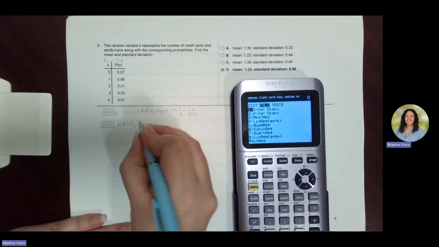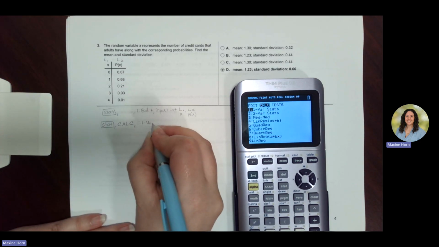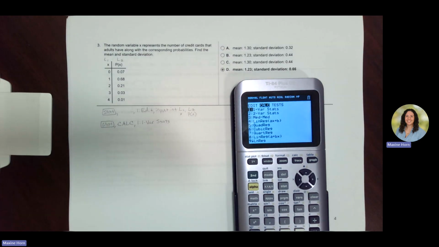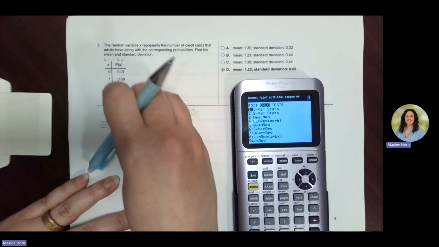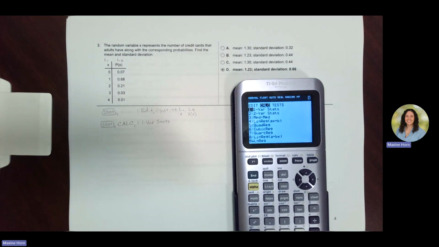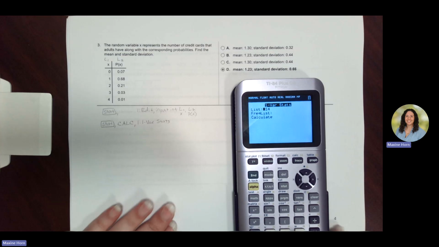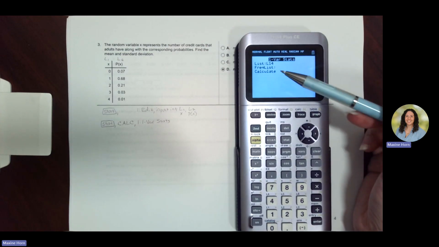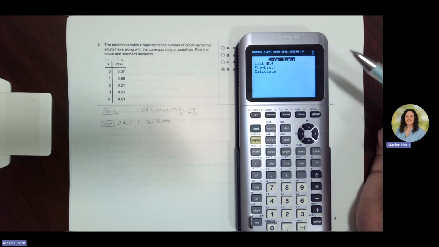And we're doing number 1, which is var stats. All right, so that should look familiar because that's what we've done previously. Okay, we have to tell it what our list is, and we need to tell it L1. So you might already have L1 and L2 sitting there. If so, that's great.